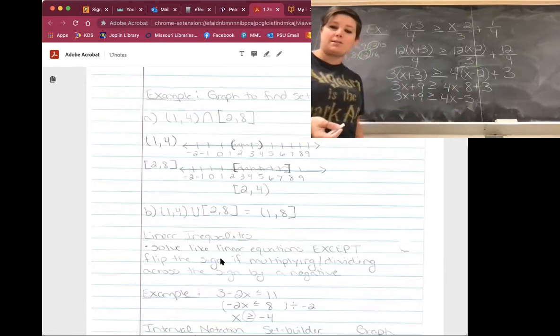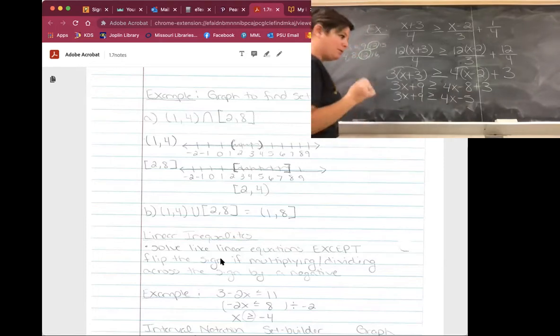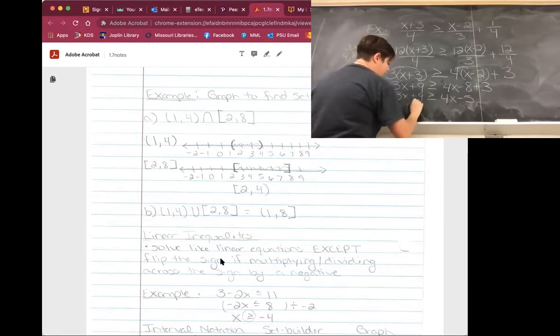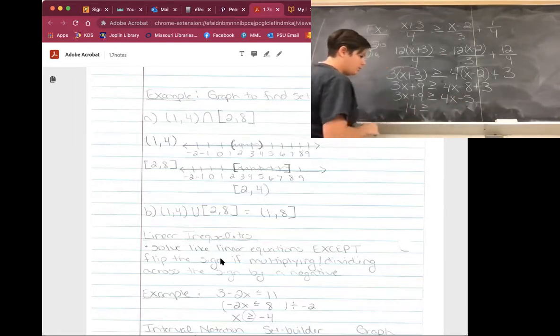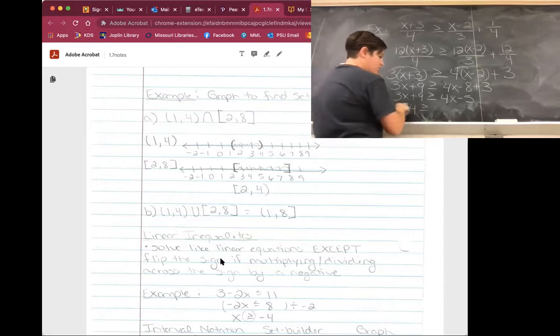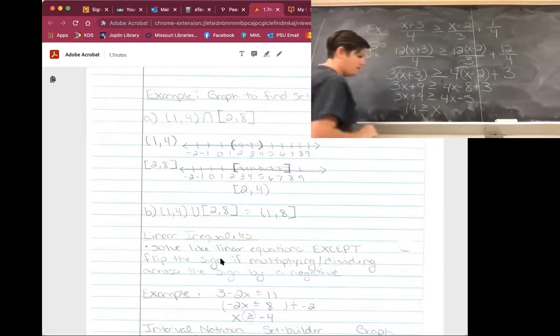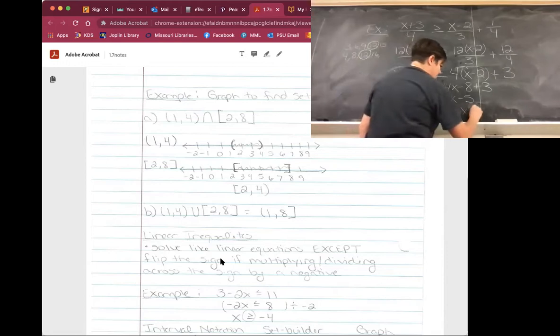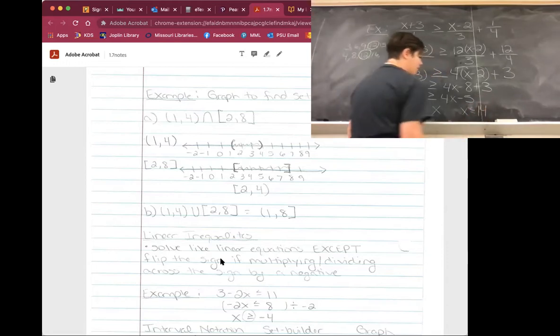That way I keep my x's positive and I don't have to think about flipping my sign. So if I add 5 to both sides, I have 14 is greater than or equal to, and I subtract my 3x over, x. So 14 is greater than or equal to x. If you like your variable to be first, you can say x is less than or equal to 14. That is fine. It's the exact same thing.